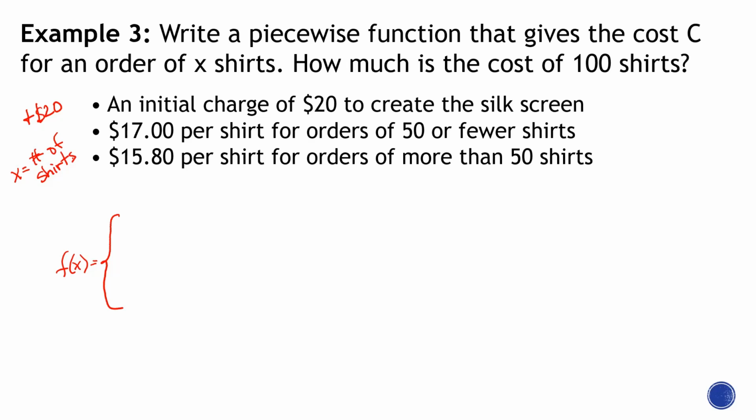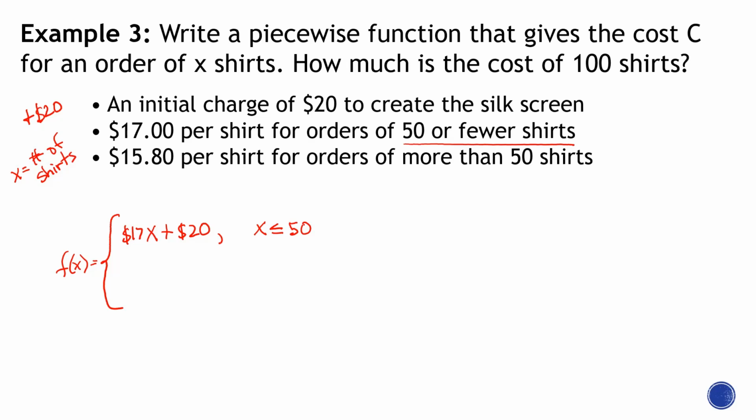First formula, $17 per shirt, and then there is an additional $20. That's the formula, and the domain is this: 50 or fewer shirts, which means our X is less than or equal to 50.